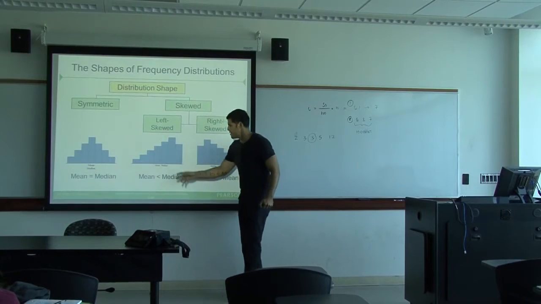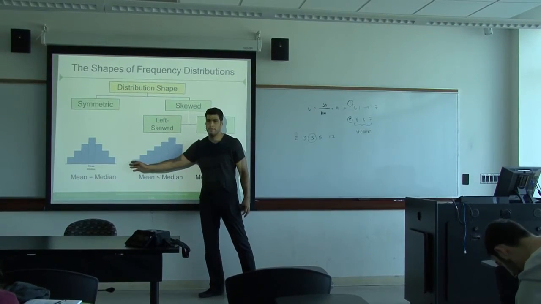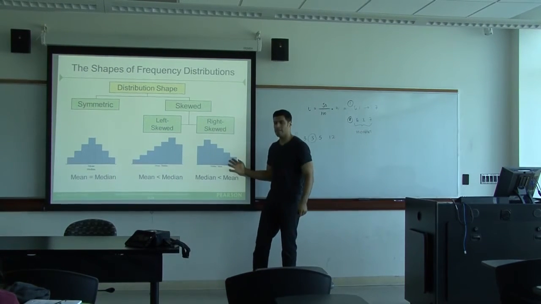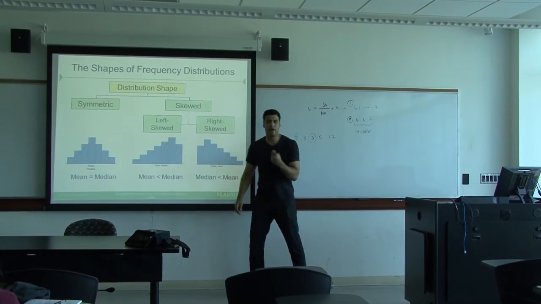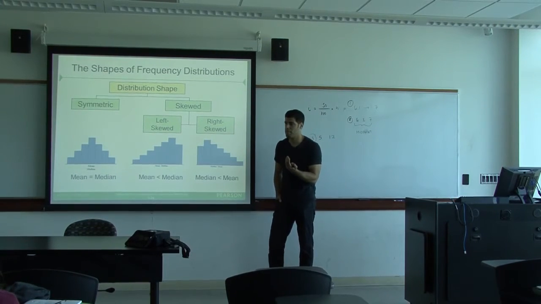In this case, the outliers are on the left side, far away from the center, and in this case, on the right side, far away from the center. When we have outliers, what happens to the mean? The mean is actually impacted, it's affected. What happens to the median? It doesn't really move.